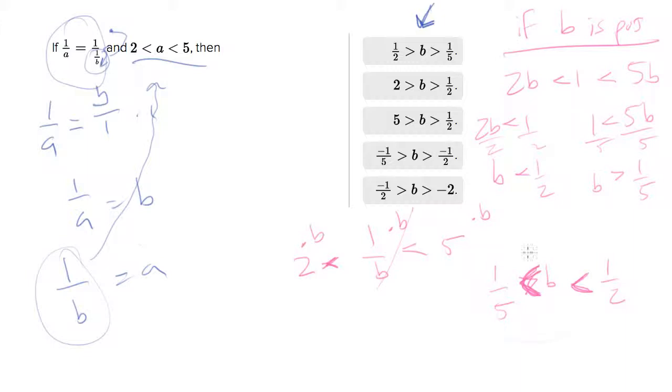And this, you'll notice, does match answer choice A, but you have to flip the whole thing upside down. You have to say 1/2 is greater than B, which is greater than 1/5, which I think of as kind of backwards because I like to put smaller things on the left, but whatever. The question picks their poison.